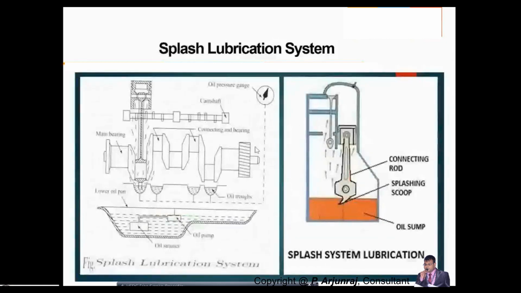And again, you have the splash lubrication system. So same here, you have the oil sump, oil pump, oil strainer. Here, with respect to the lubrication system, the oil is transferred to all the parts, the bearing, connecting rod.